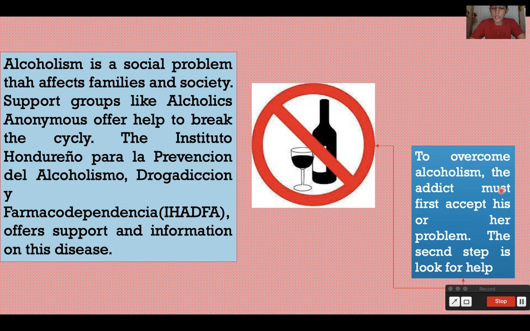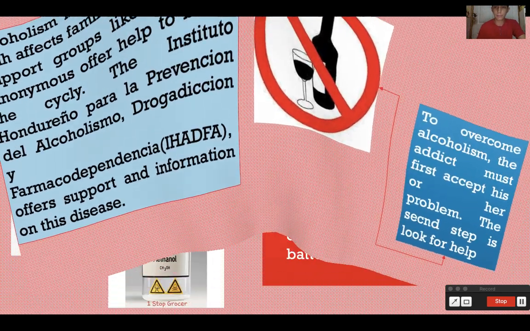The second step is to look for help. If you accept your problem, you can go to your friends, your family, or a professional and look for help. That way you can overcome alcoholism.